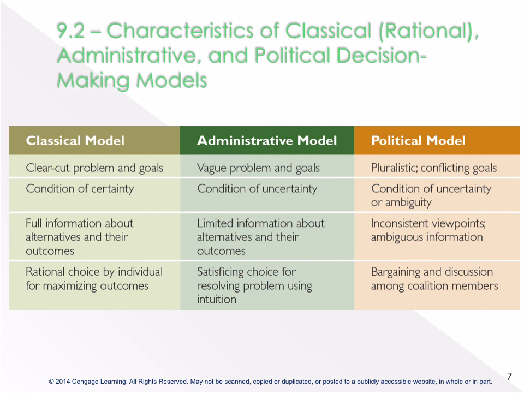Table 9.2 summarizes the characteristics of the classical, rational, administrative, and political decision-making models. Please make sure to review this table carefully. Recent research has found that rational classical procedures are associated with high performance for organizations in stable environments.